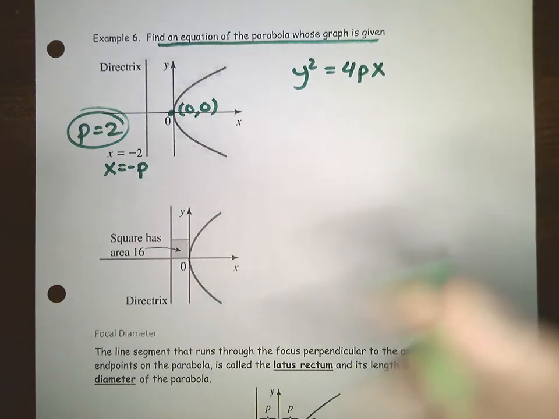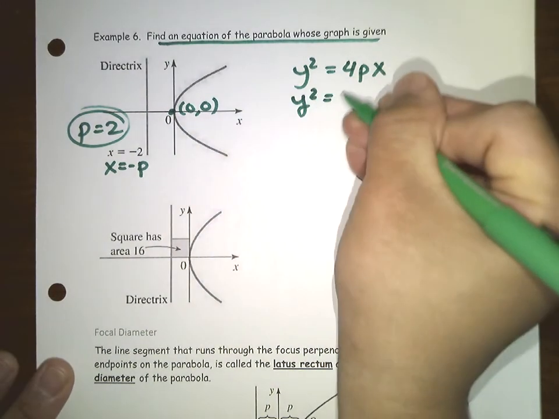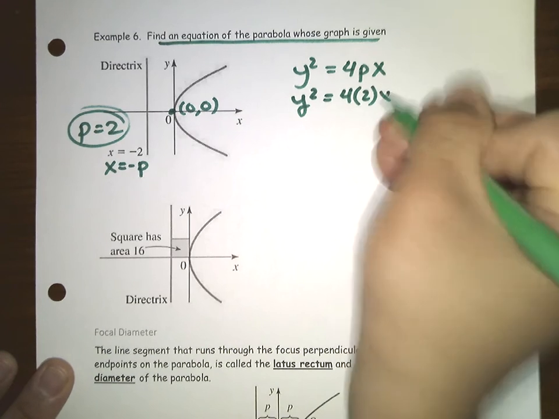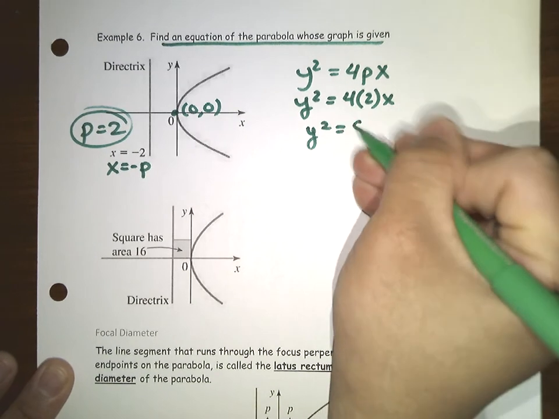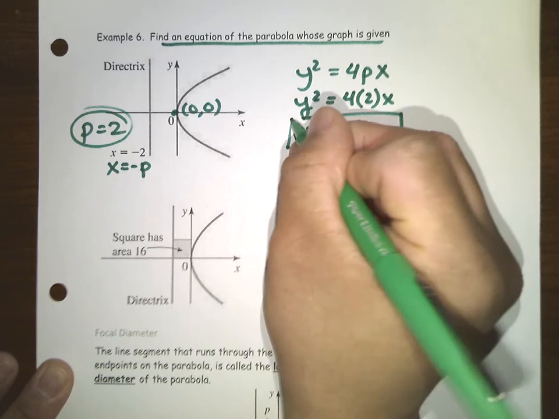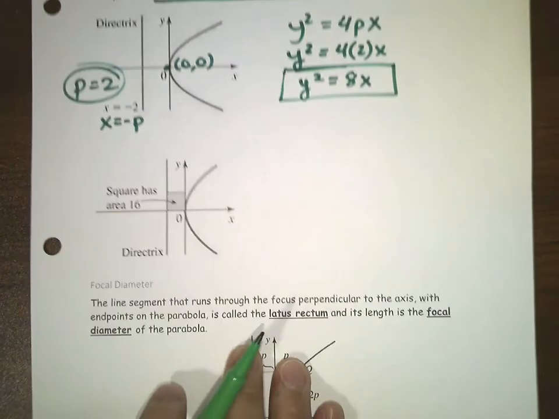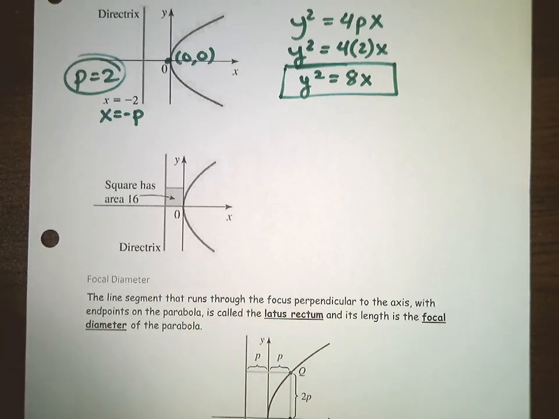So this is just going to be y squared is 4 times 2x, or y squared is 8x. That's it. So it looks like it's a little bit more difficult, but we just had to figure out what p is. All right, so now let's try another example here.